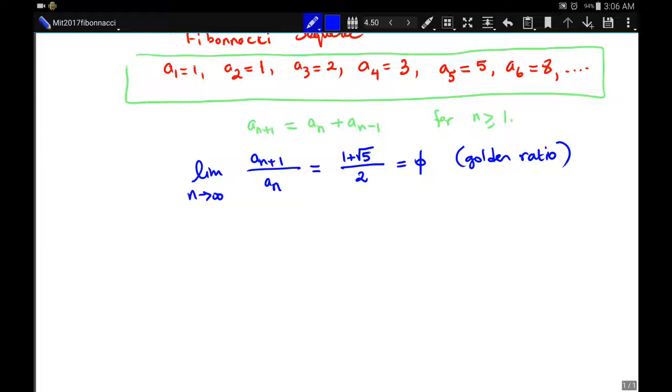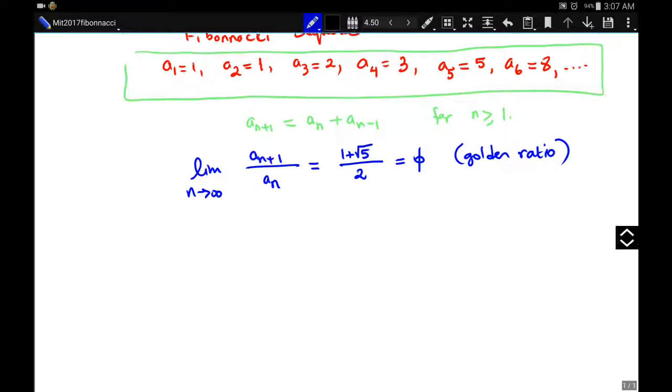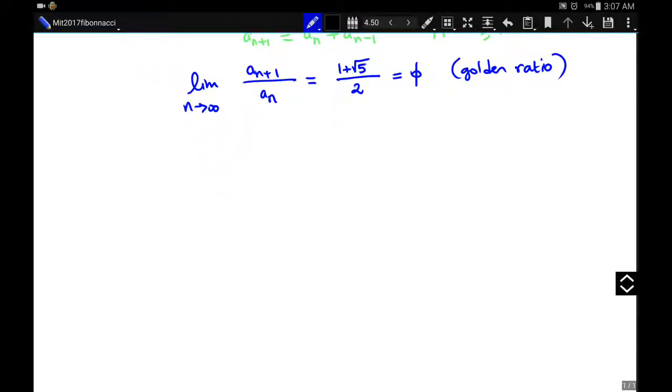So using this Fibonacci sequence, how can we evaluate the integral In and then pass the limit as n goes to infinity? Alright, so let's go back to our integral I1. But before that, I would like to define a sequence of functions.